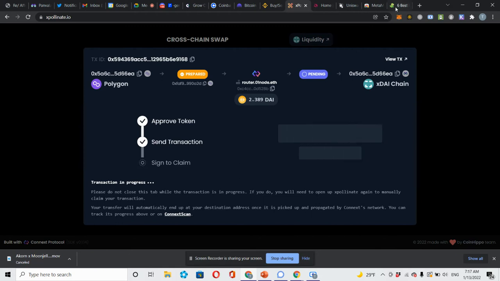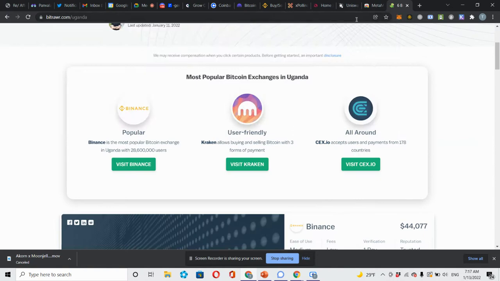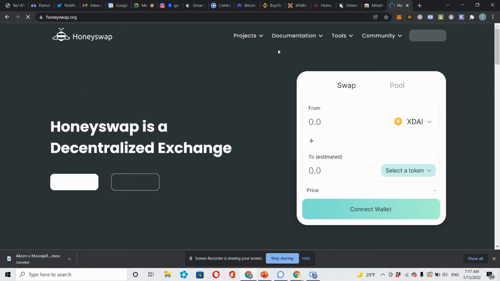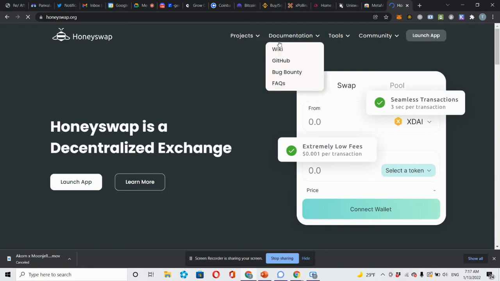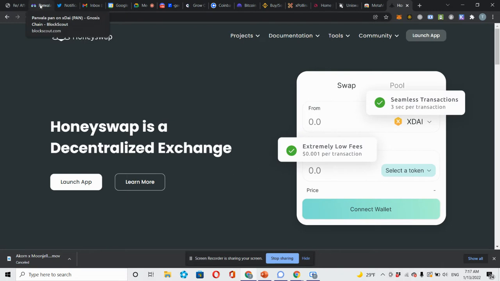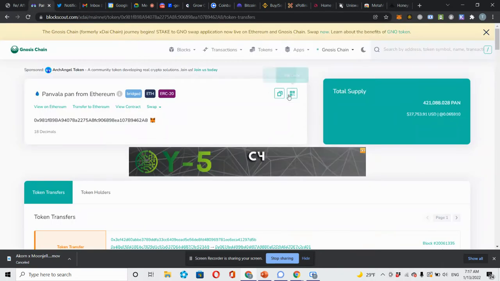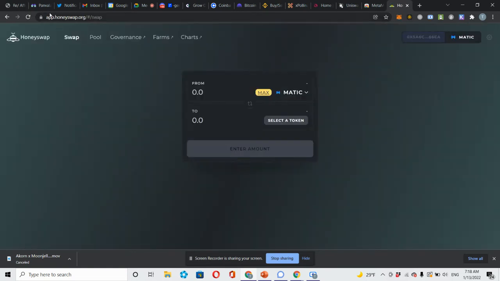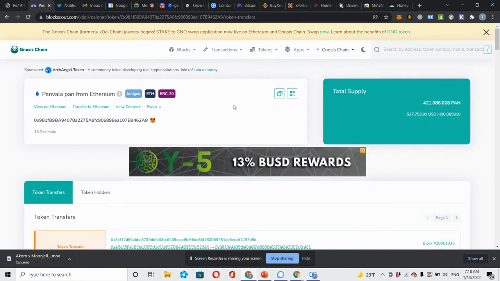From there, once we have that money, we'll be going to Uniswap or another decentralized exchange. And the token that we're trying to get is Panvala or Pan. And in order to get Panvala, we would need to copy this contract right here. And that can be done by just saying copy address.